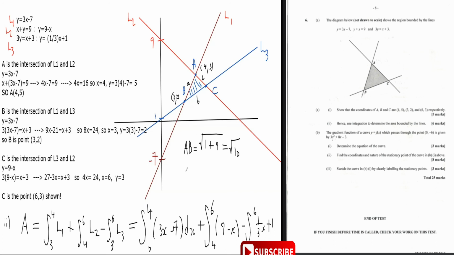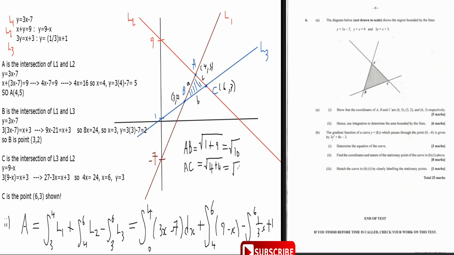Let's find the length AC. C is the point (6,3), so it's 6 minus 4 is 2, 2 squared is 4, plus 5 minus 3 is 2, 2 squared is 4, and so AC is the square root of 8.